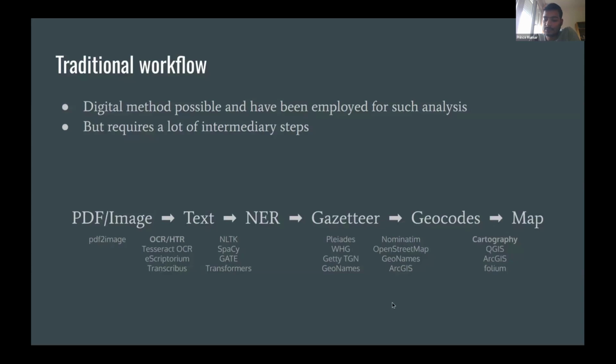Once we have the names, we can convert those names into geocodes with the help of geocoding libraries, and then those geocodes can be plotted on a map with QGIS, ArcGIS, anything. So it's a lot of steps, and it is not very difficult to do, but could be difficult for some people.